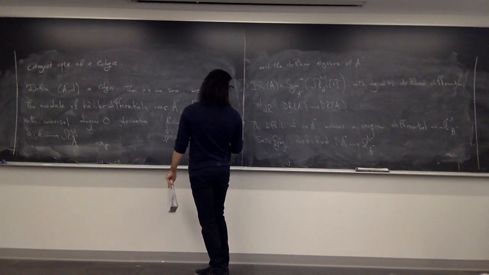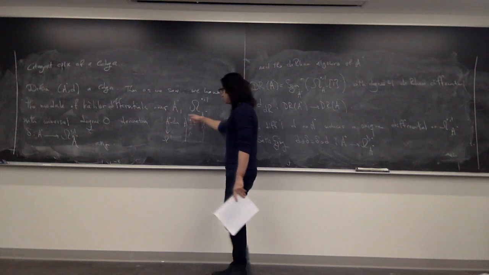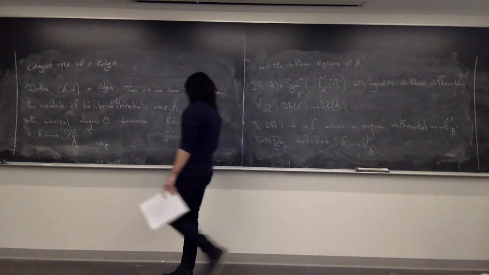Call one of them D, the other one derivation delta, and it satisfies this commutativity.